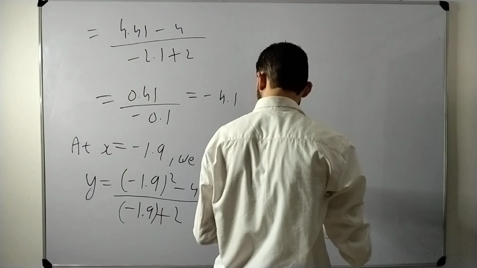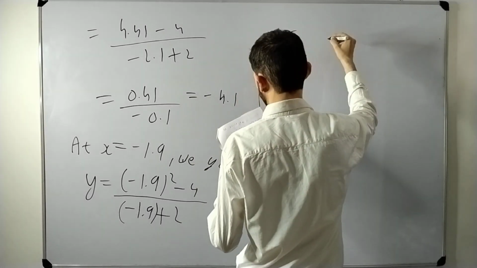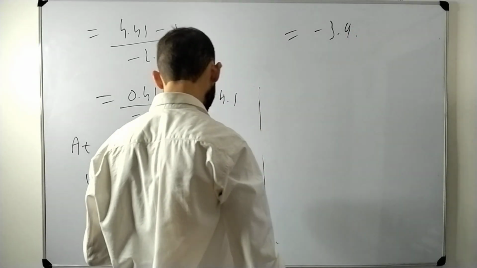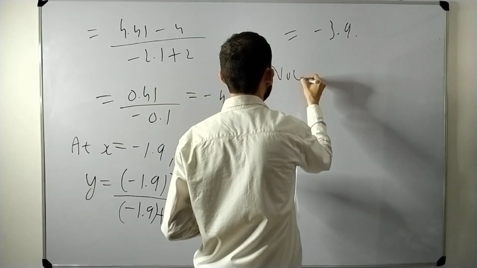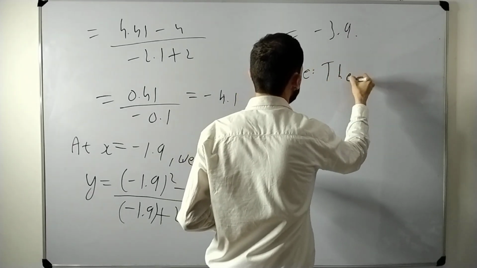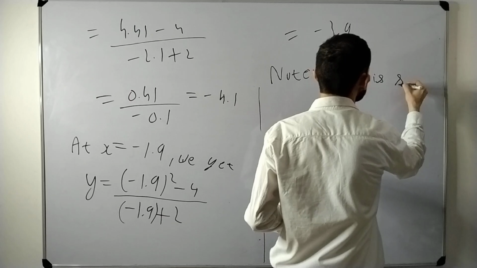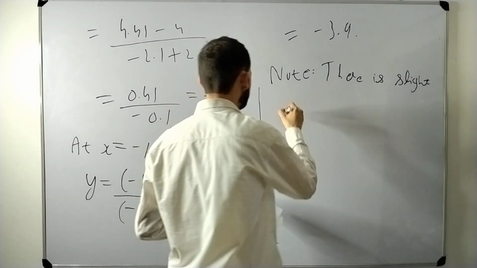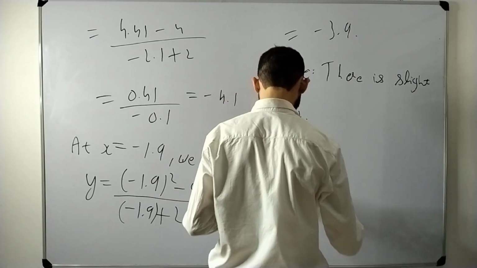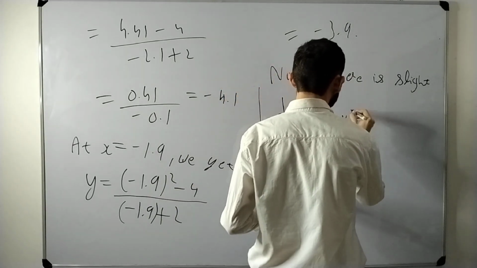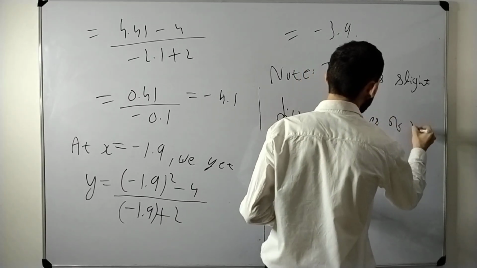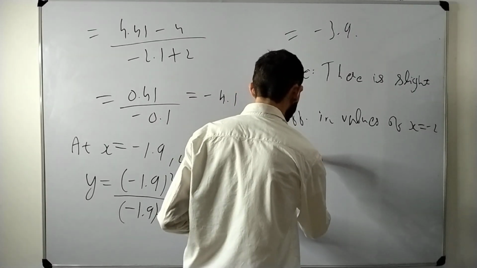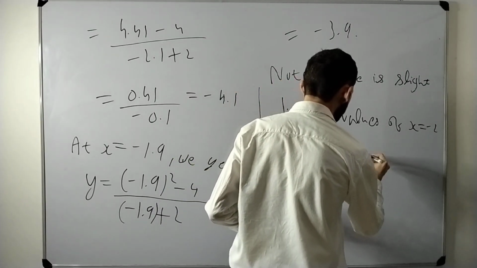So what value does this take, students? You calculated it, and the value comes to minus 3.9. So what we notice is a slight difference in the values of x around minus 2, and y is also changing.